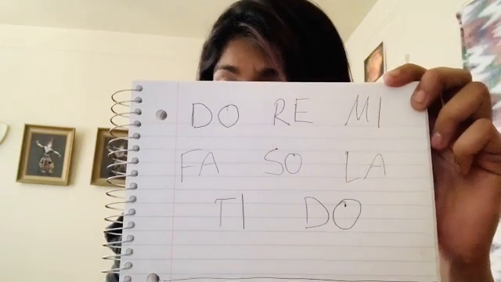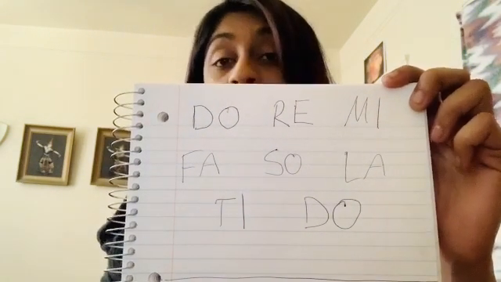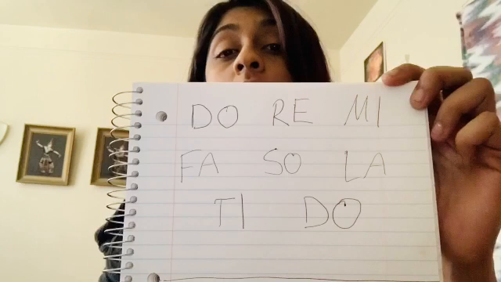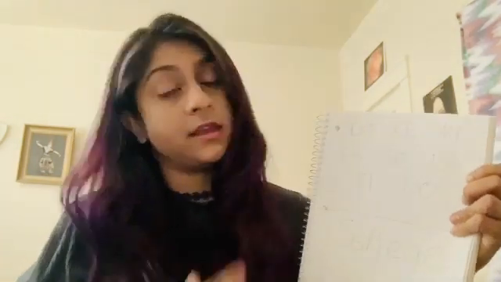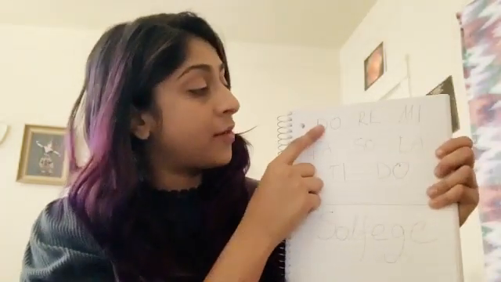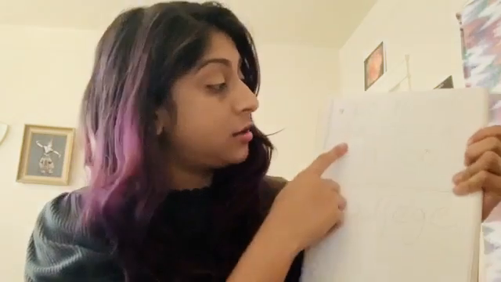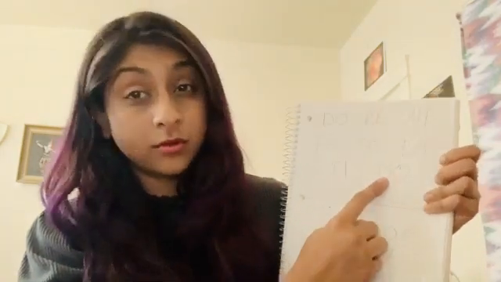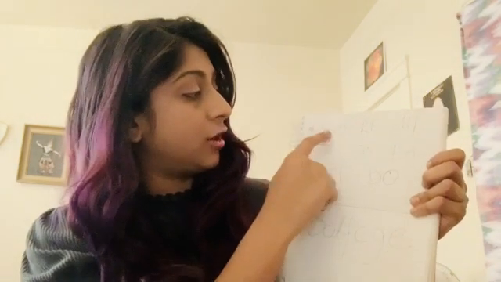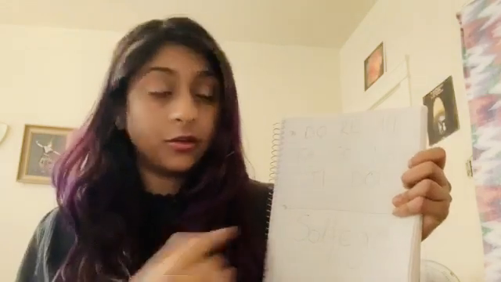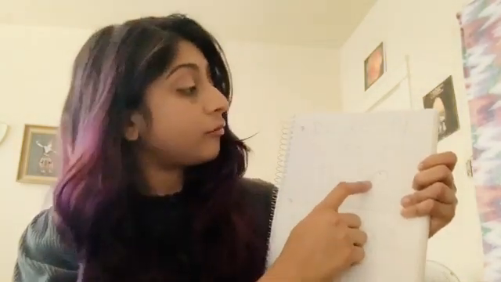Why is that do the same as this do? Because they're both the C note when starting from C. Whatever you're doing at one, when you land up out here, it's the same note. So if you start do from B, this is going to be a B. If you start do from C, which we're doing, it's back to C. But don't worry about the letters right now.